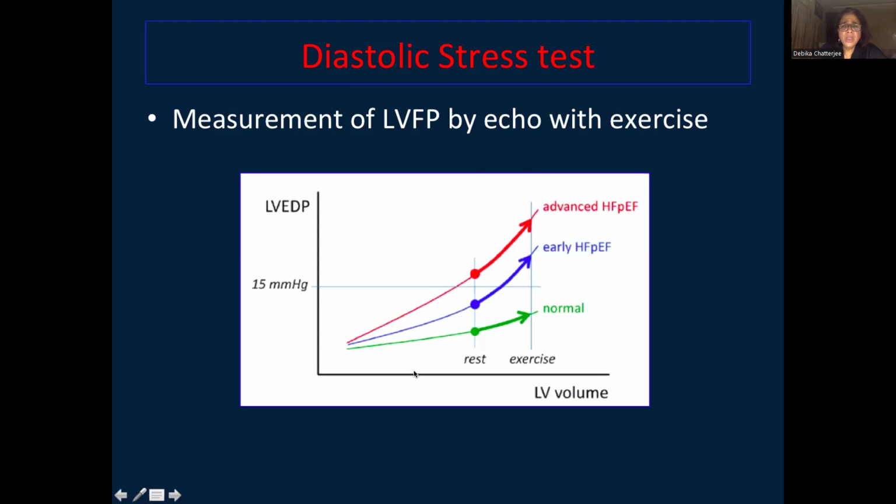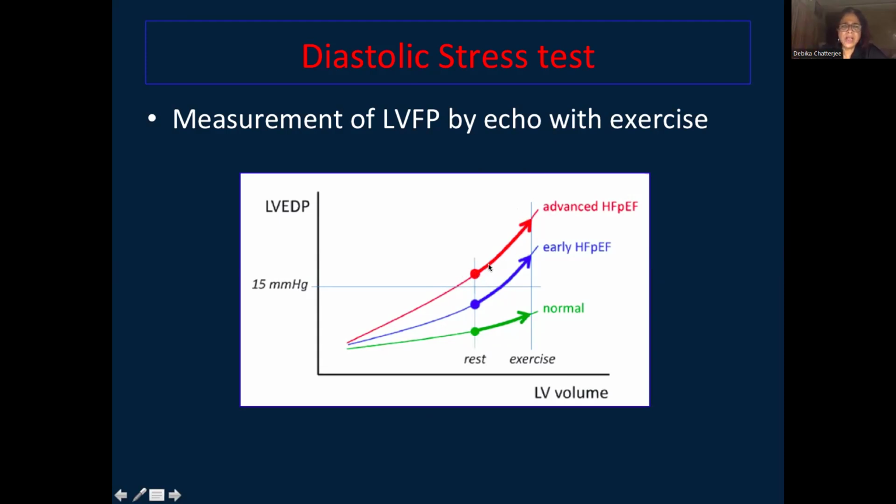this chart. Normally, the green color indicates normal people. At rest and exercise, at both stages, the LV filling pressure is normal, much below 15 millimeters of mercury. With advanced HFpEF, heart failure with preserved ejection fraction, LV filling pressure is high at rest, and it increases further with exercise.